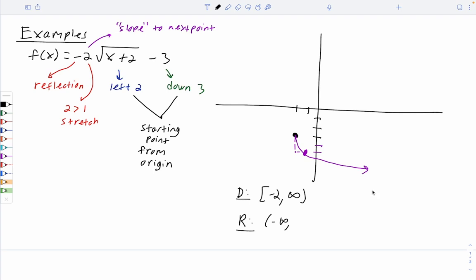If I start at negative infinity all the way down here, I'm moving up a little bit, moving up a little bit, and then this is the top point of my graph. This is the highest y value, here at negative 3. So the highest y value is negative 3, and that would be the top of my range, like so. And so that would be the domain and range of this.